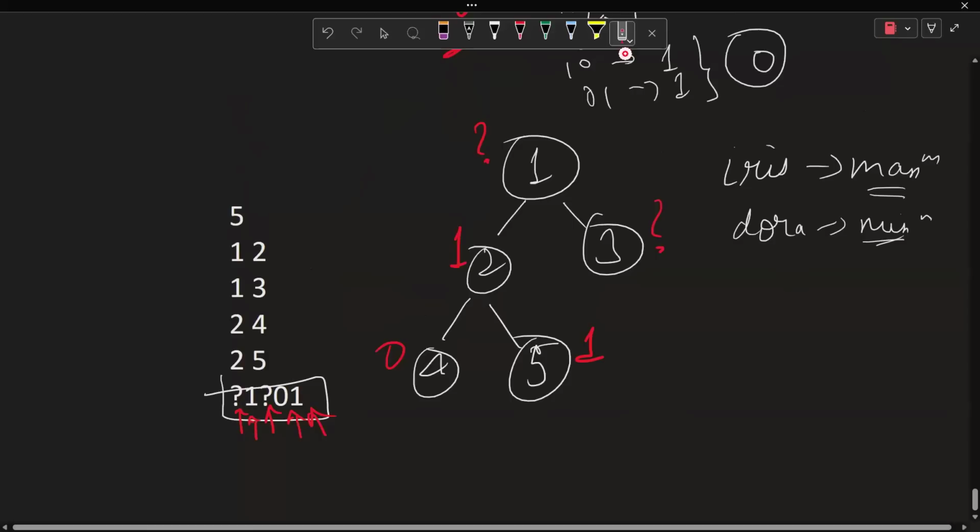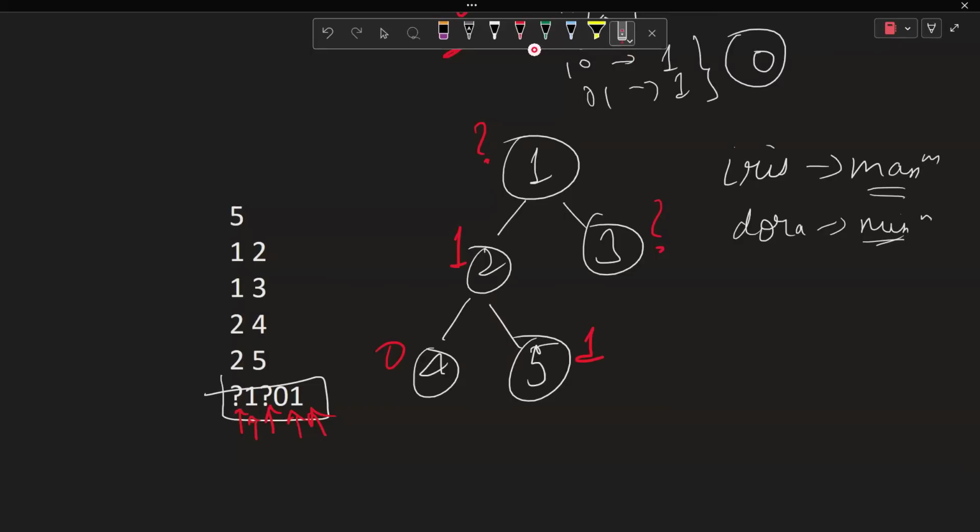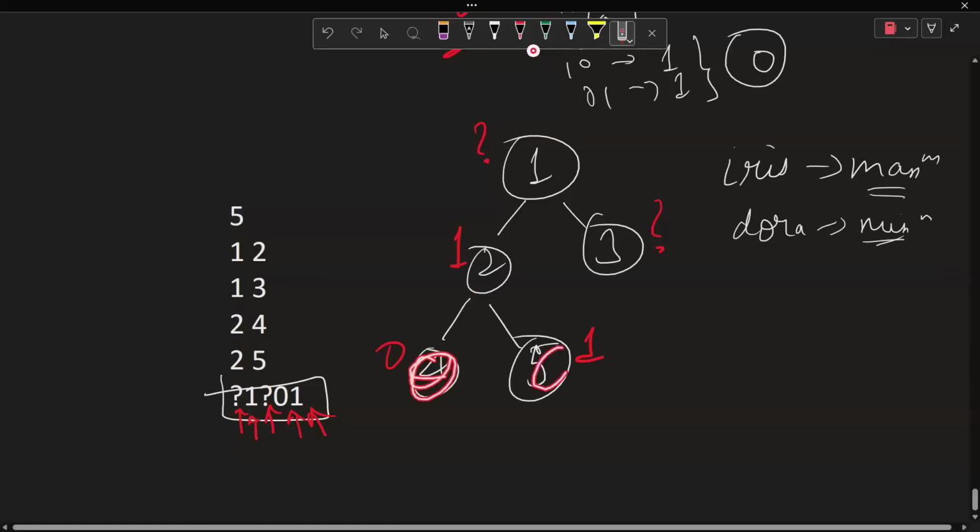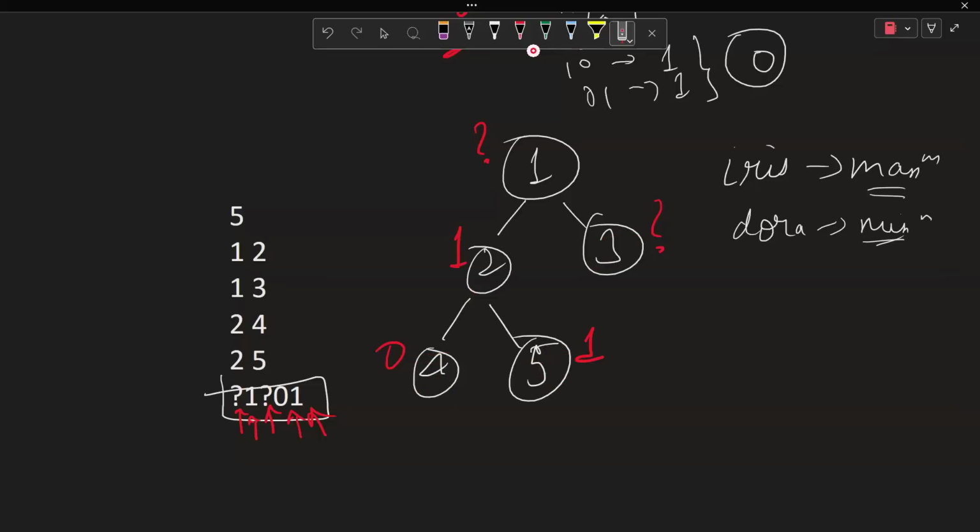So here one possibility is let's say Iris goes first. Let's form what all leaves we have. This is one leaf, this is one leaf, this is one leaf. These are the three leaves. So your final score is basically the leaves having non-zero weights.